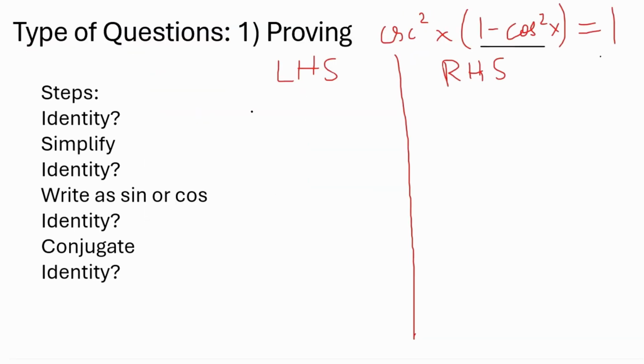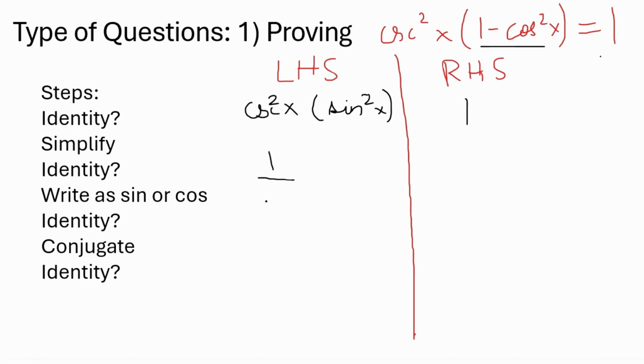So my left side becomes cosecant squared x, and I like working with just one side at a time. I just like to keep the other side as it is. Sometimes I'll work on it, but usually not. Next step, do I see another identity? No, I don't. Can I simplify it anyway? Not really. What I can do is write this in terms of sine. Cosecant is the reciprocal of sine.